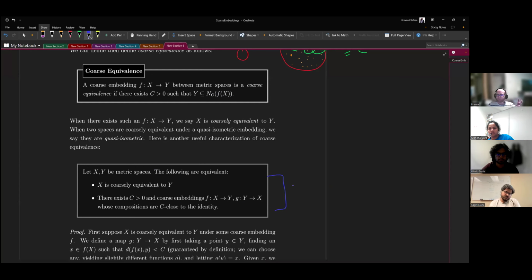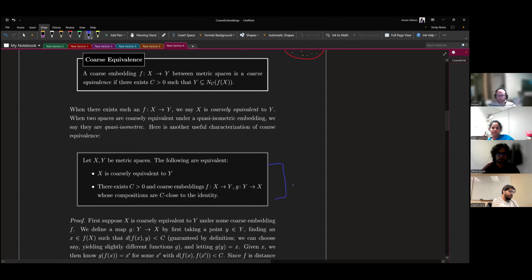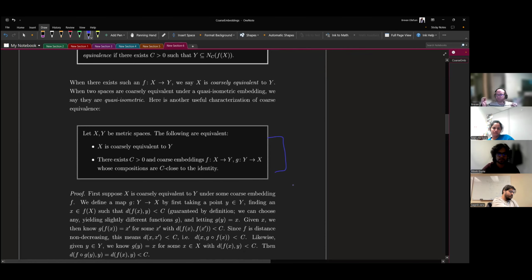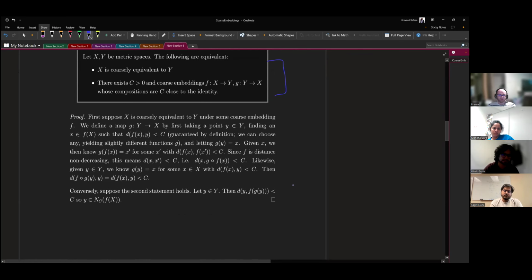So if you know x is coarsely equivalent to y, so there's some coarse embedding f going from x to y, satisfying this surjectivity condition, then that means we can basically just go immediately the other way. There will be some g. The one direction, as I mentioned, is just immediate.